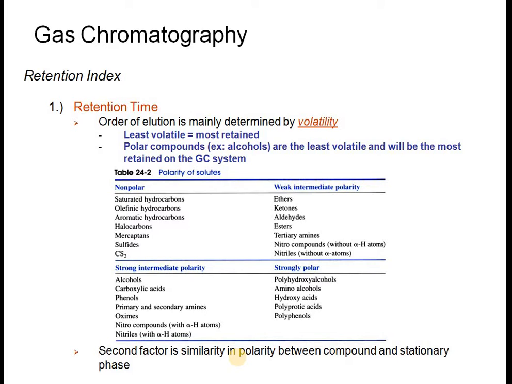In tabulation, the polarity of the solute: non-polar, weak intermediate polarity, strong intermediate polarity, strong polar. So this is an example of each type of solute.